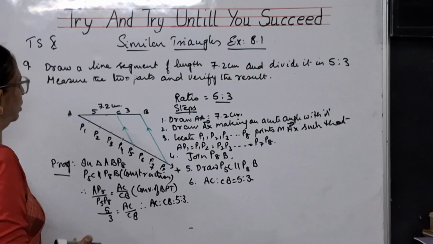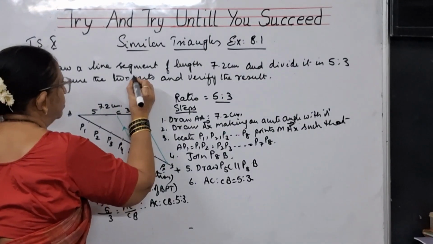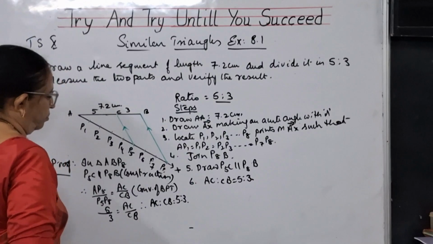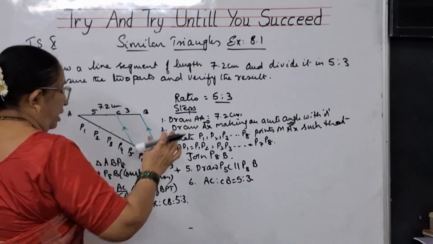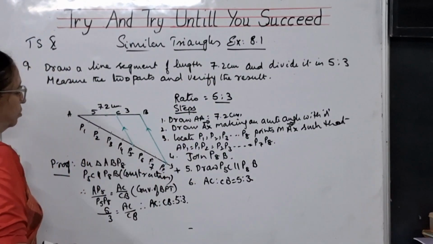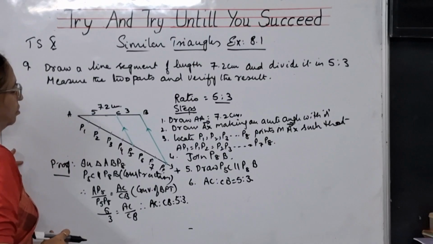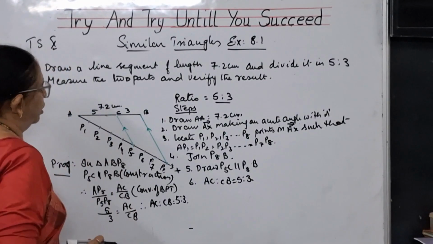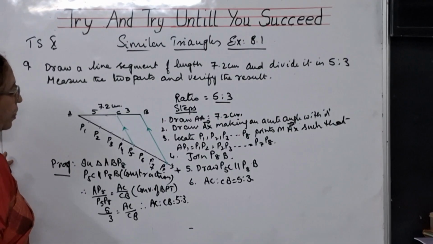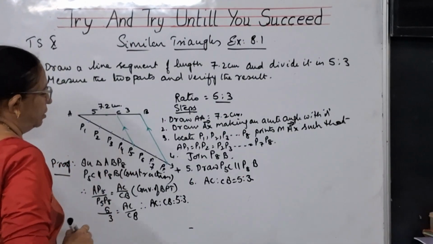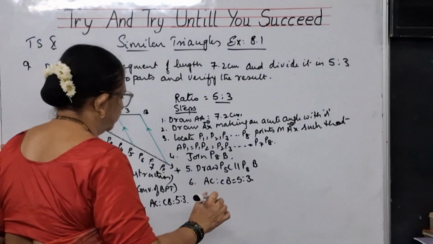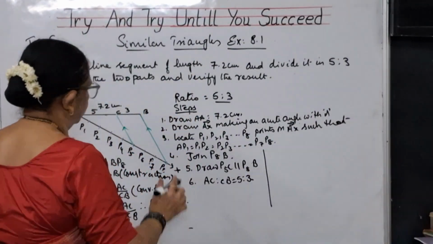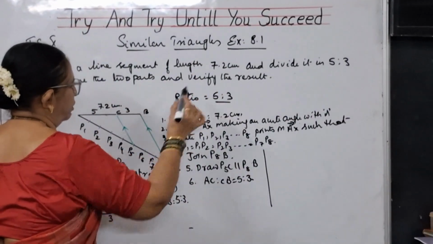Now what you need to do is you need to measure these two and verify the result. So when you are dividing 7.2 in 5 is to 3 ratio, how much is AC? He is asking to verify the result.